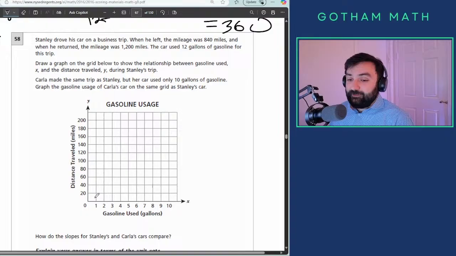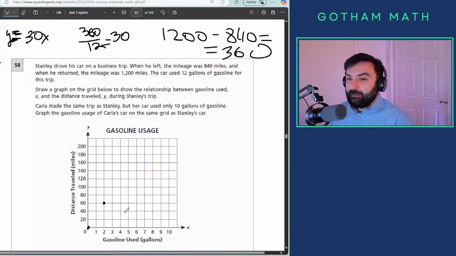How do we graph it? Exactly as I said. 1 is going to be 30, somewhere in the middle here. 2 is going to be 60. 0 is going to be 0. So 2 and 60. We can skip 3. It's going to be 4 and 120. We can skip 5, and 6 is 180. Right? This is going to be the graph.